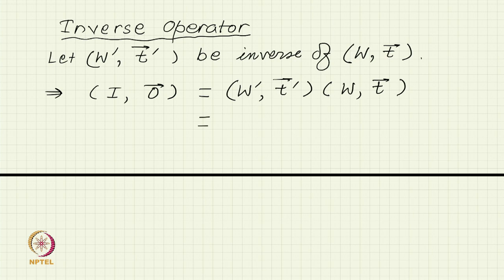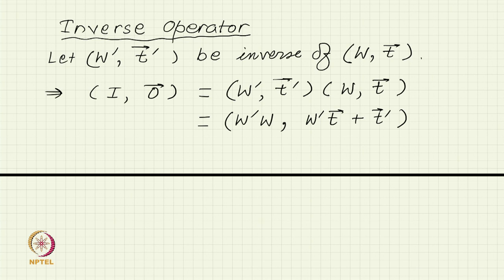But now I know how to combine these two operators, so I apply that. So, w prime w, comma, w prime t plus t prime. The second matrix multiplying the first translation plus the second translation is the overall translation part, as we have seen.